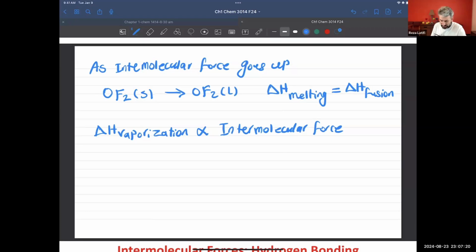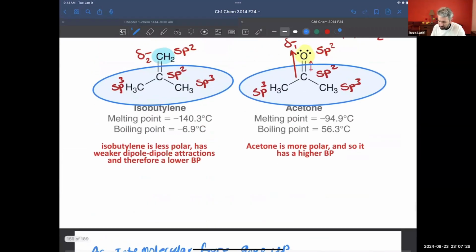So the example that we had, if I go back here, the molecule on the right side, acetone, has a higher intermolecular force. Boiling temperature for it will be higher. As you see, the boiling temperature for isobutylene is around -7 degrees Celsius, while boiling temperature of acetone is 56. So technically at room temperature it is liquid, and it is the same compound that we use for cleaning nails.